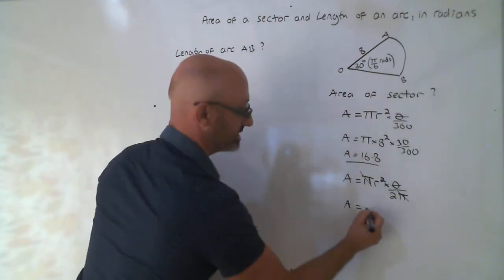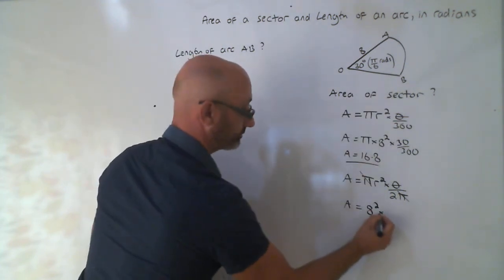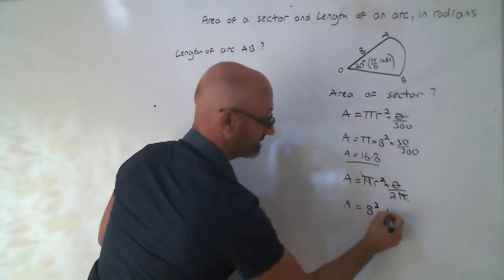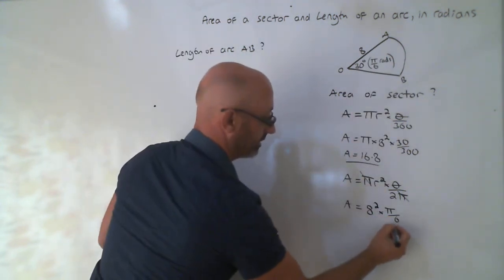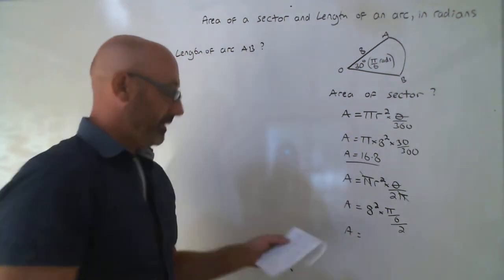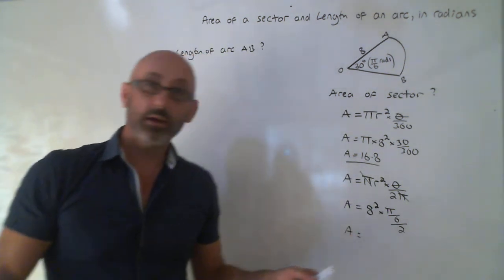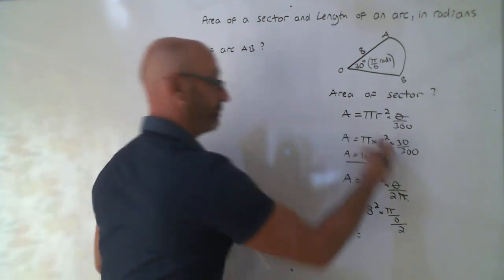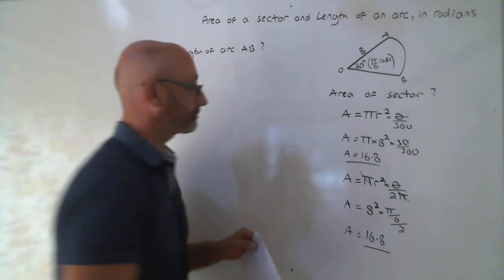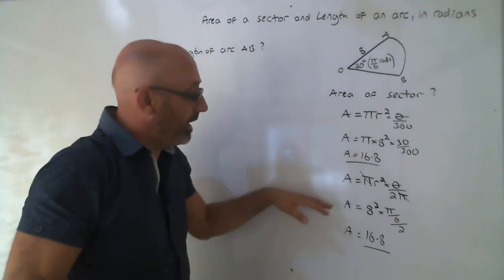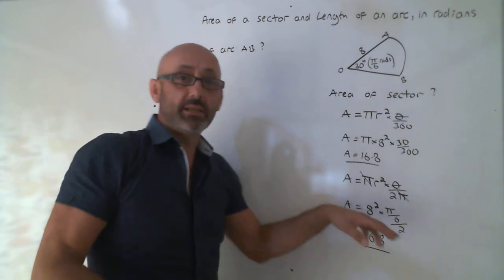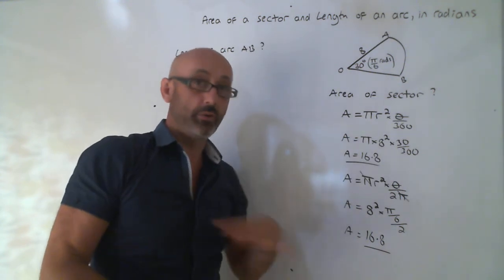So the radius is 8, theta is pi over 6, divided by 2. And again, when we press those buttons, we will get 16.8.